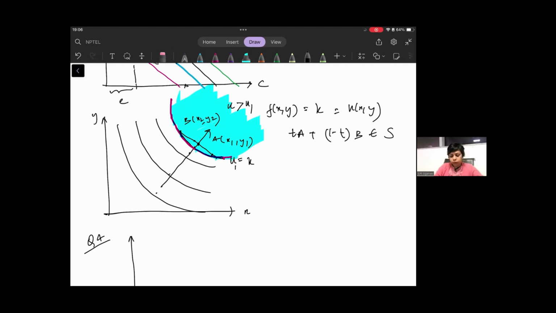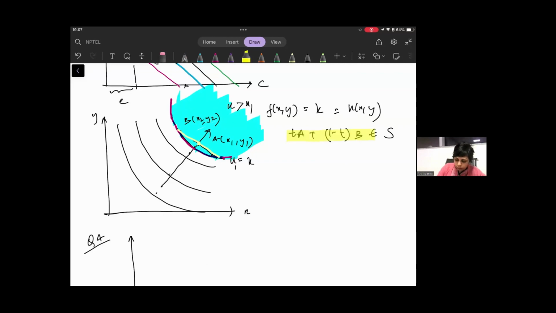Now you can hopefully understand a little bit visually that if I take this yellow point, it is a point on this line. I draw this line in yellow.